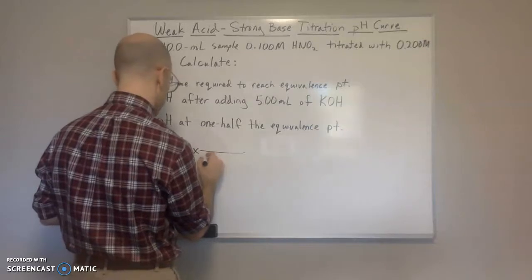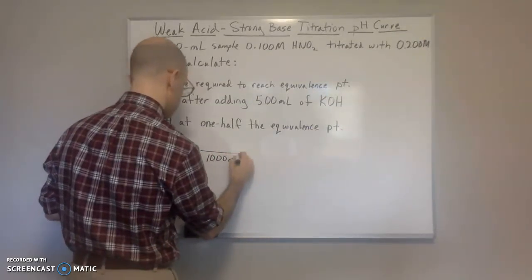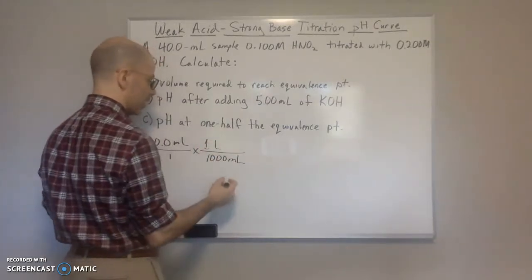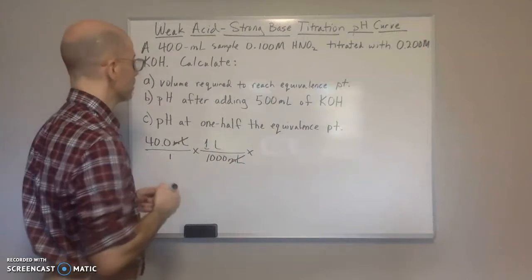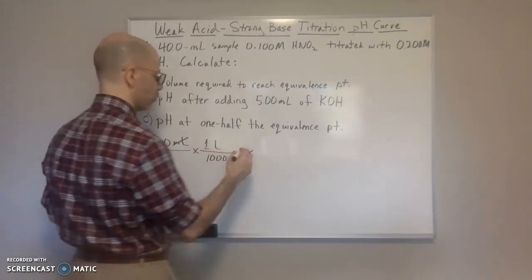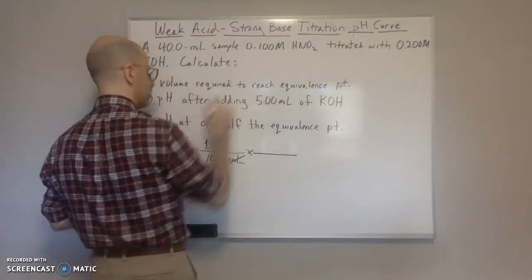So you're going to say we have 1,000 milliliters on the bottom and 1 liter on top. So milliliters cancels out. And then you are ready for your molarity. And I should be writing HNO2 here.